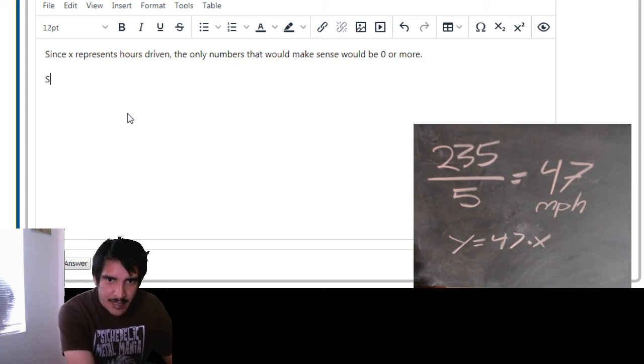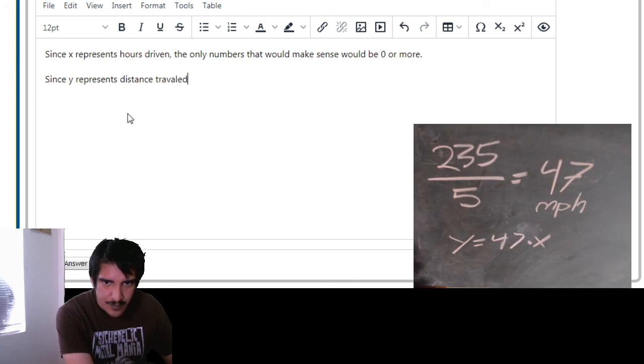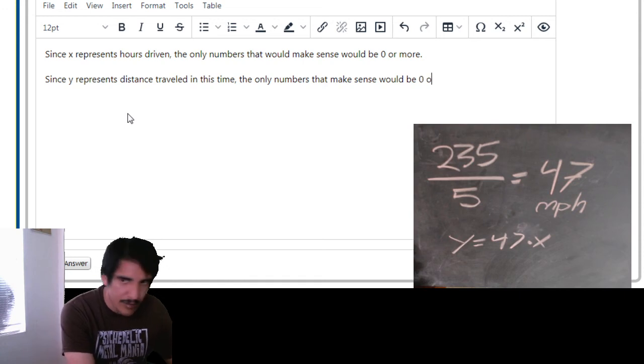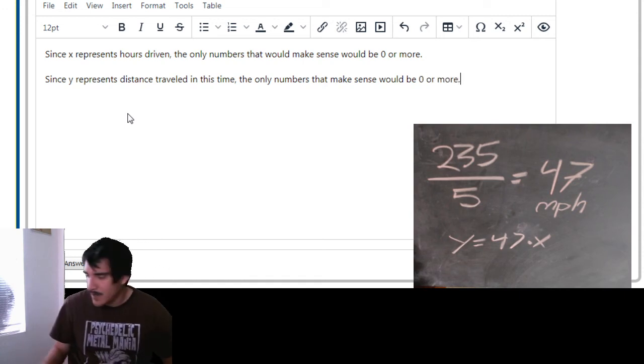Then I'm going to write, since y represents distance traveled in this time, the only numbers that make sense would be 0 or more, yet again, right?